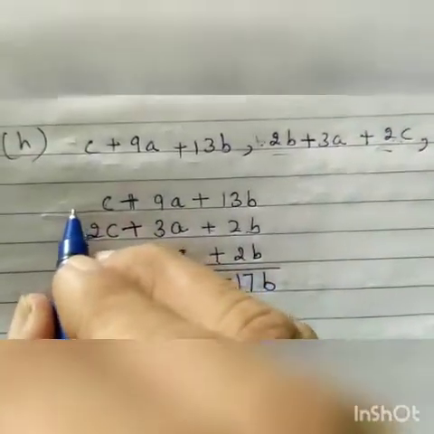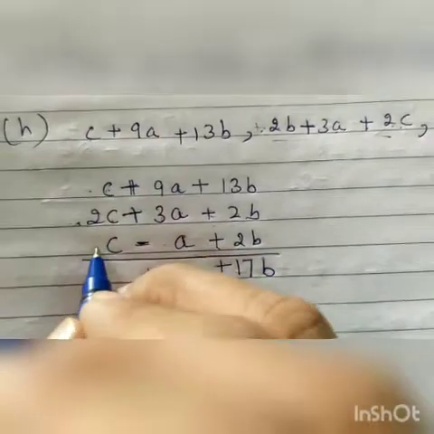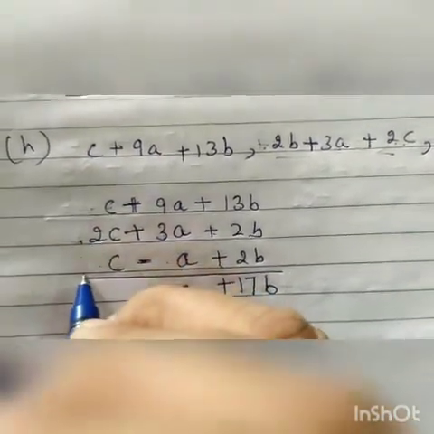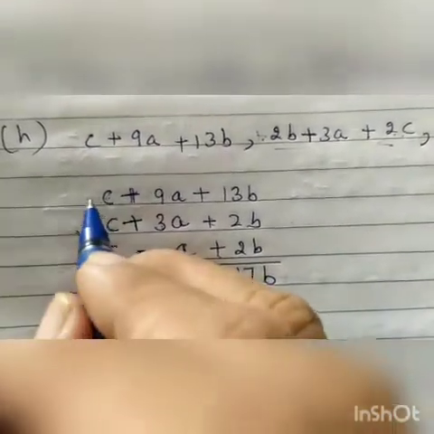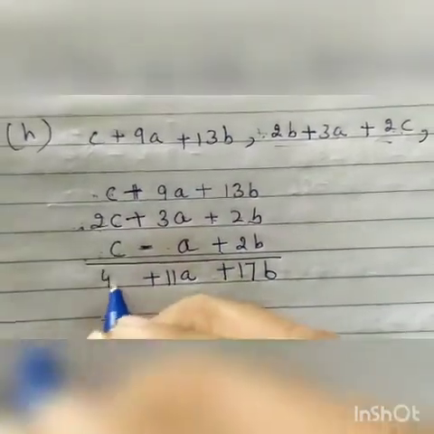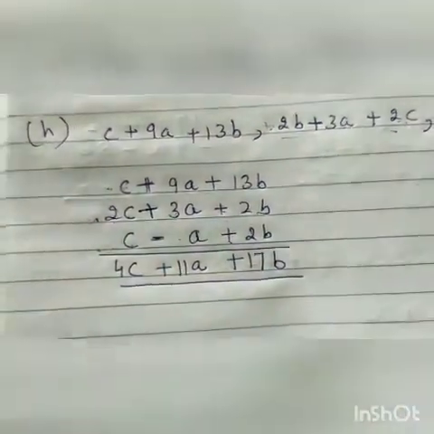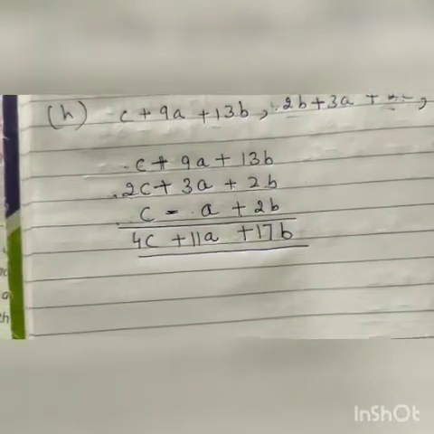Now it is 1c, 2c, 1c. All three signs are plus. So we will add these three numbers. 1 plus 2, 3, 3 plus 1, 4c. Clear?